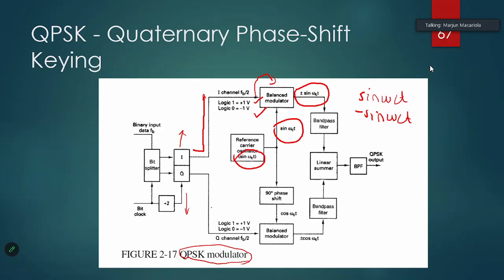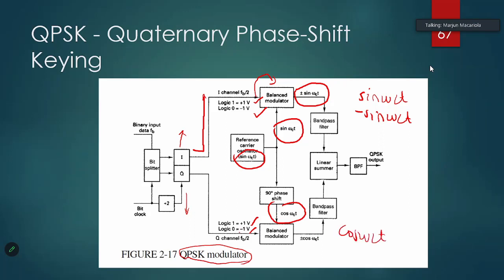Sa Q channel, so we have two possible inputs again, which is logic 0 and logic 1. Okay? So again, logic 1 represents positive 1 volt and logic 0 represents negative 1 volt. Okay. So kapag ang input po natin ay positive 1 volt and multiply natin sa cosine omega ct, ang magiging output po ay cosine omega ct.